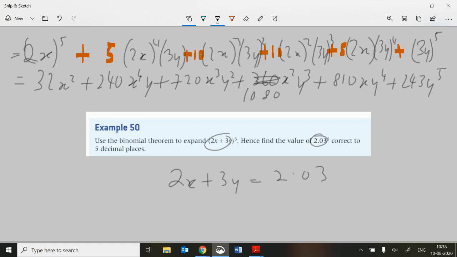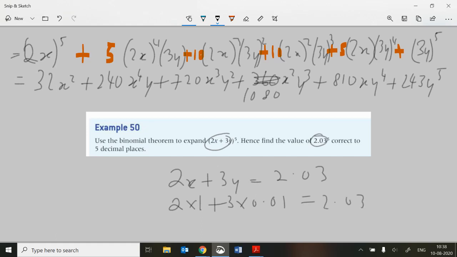So we can't solve for x and y, but we can come up with clever values for x and y. Clever, nice, easy values. So although there's multiple choices of how to make this work, you can probably see that if I do 2 times 1 there and 3 times 0.01, I get my answer of 2.03.